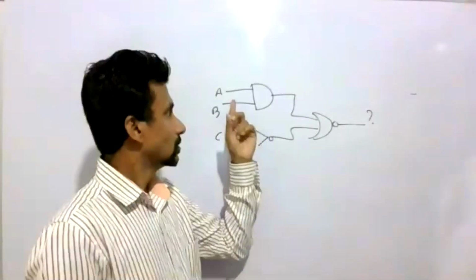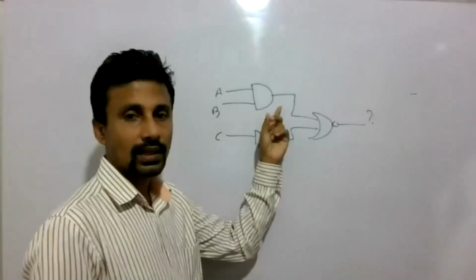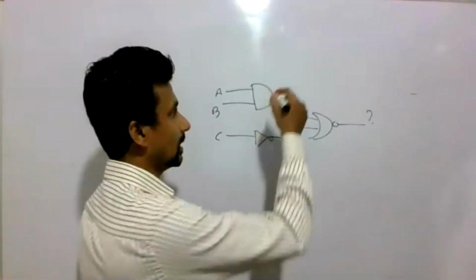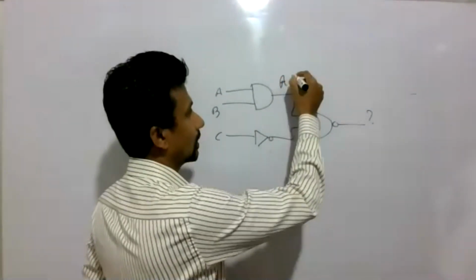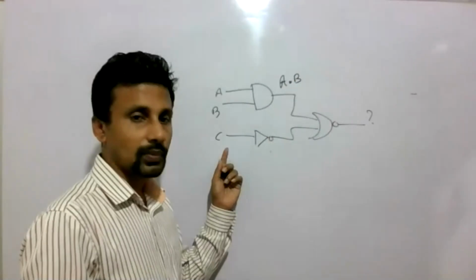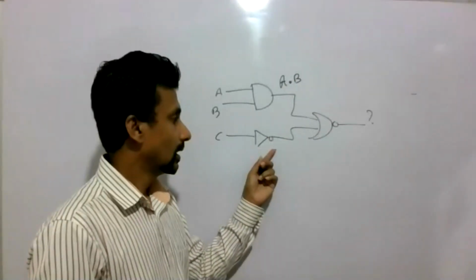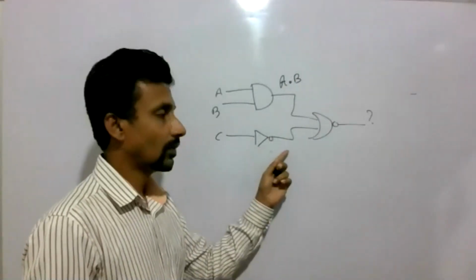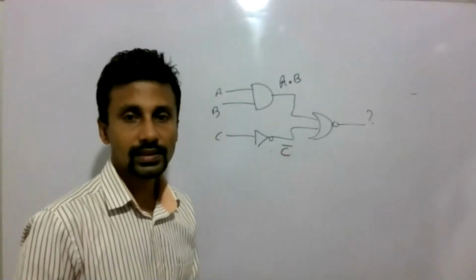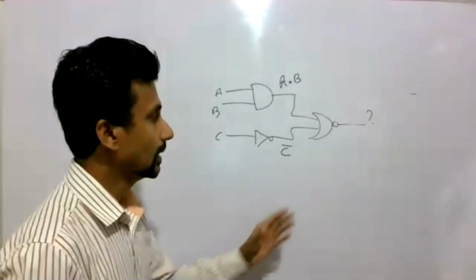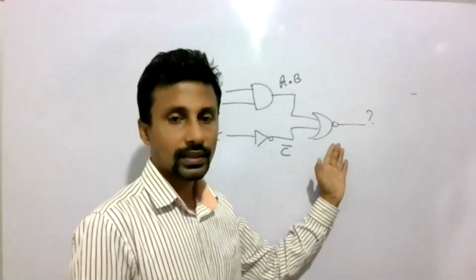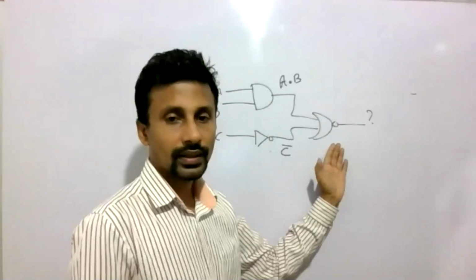If you input A and B, the output is A dot B. Here C is the input. This is a NOT gate. If you get C, the output is C dash. Then what is this? This is a NOR gate, right?